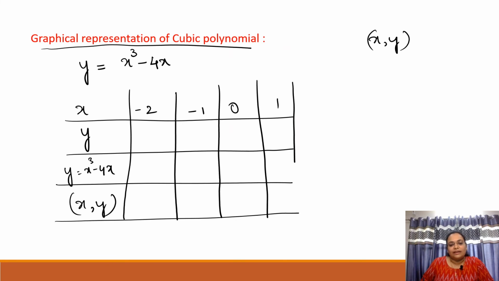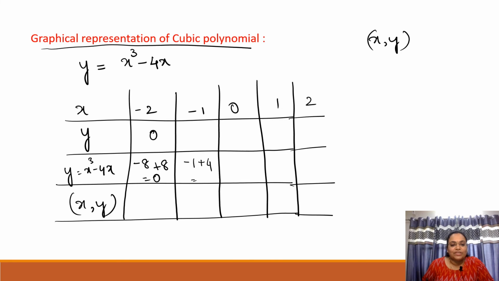While drawing the graph, when x is equal to minus 2, what will be the y coordinate? That will be minus 8, minus of minus is plus, plus 8. So that is 0. So y is equal to 0. When x is equal to minus 1, y will be minus 1, minus of minus plus 4, which is 3. When x is equal to 0, y will also be 0.